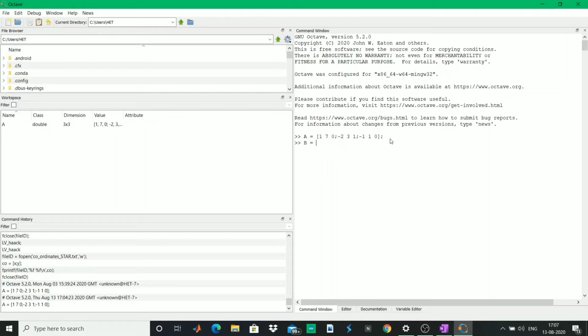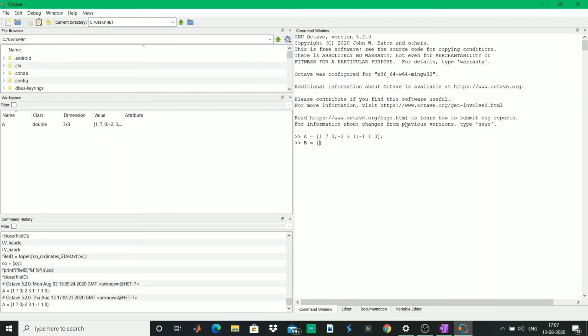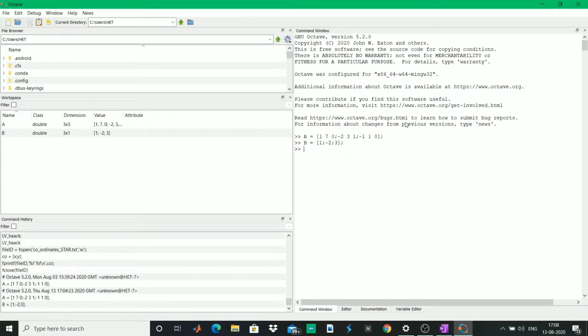Now we'll create matrix B. The matrix B in our case is 1, minus 2 and 3. So the B matrix is formed. You would see that the dimension of A is 3 by 3, that is 3 rows and 3 columns, and the dimension of matrix B is 3 by 1, that is 3 rows and 1 column.